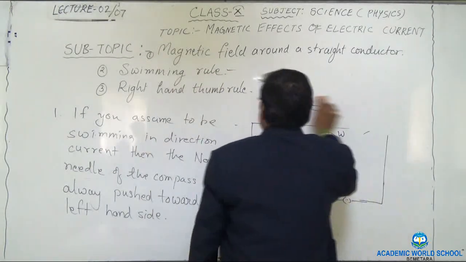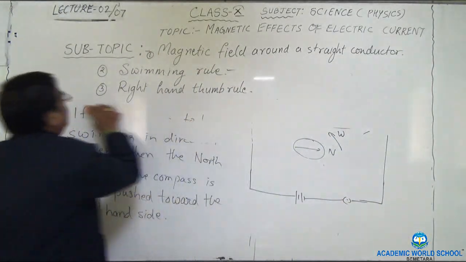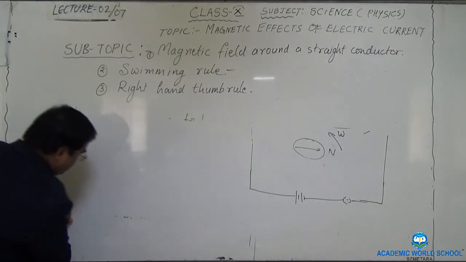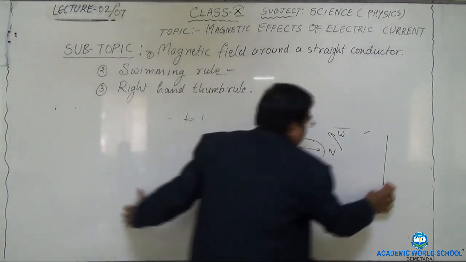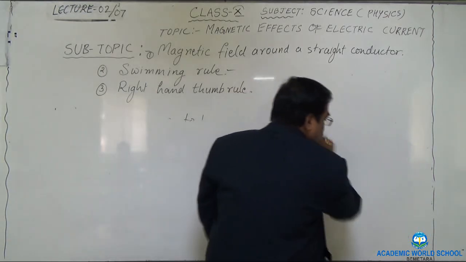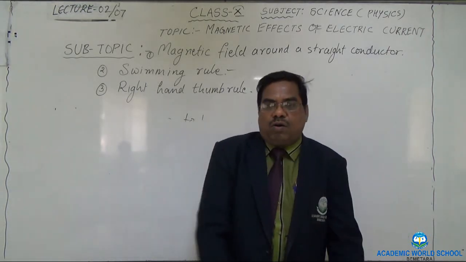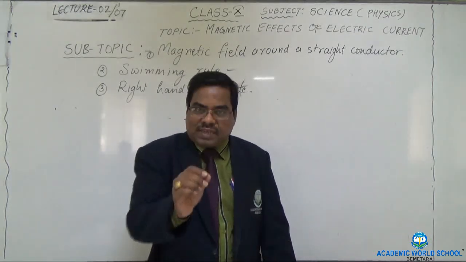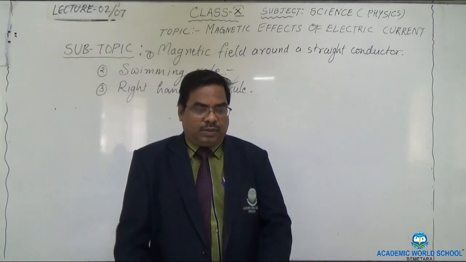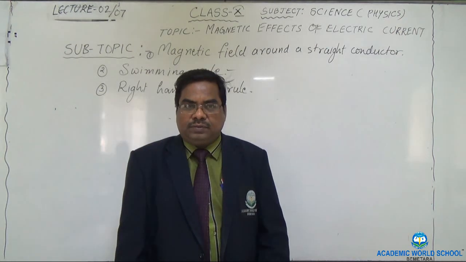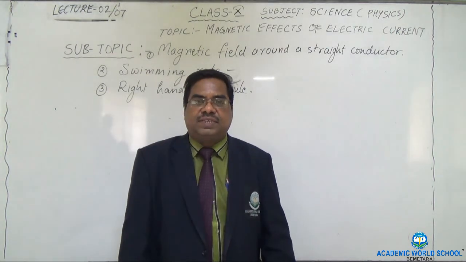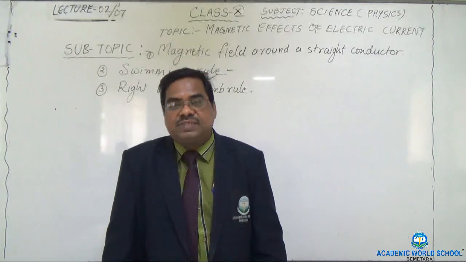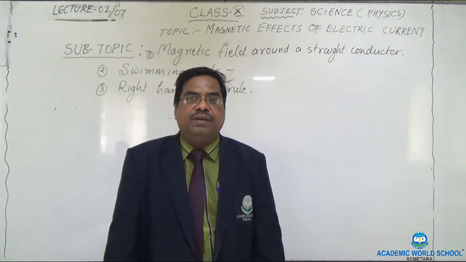Coming on to the magnetic field around a straight conductor. When Ørsted explained that there is a magnetic field around a conductor, everyone started asking what the shape of the magnetic field is.